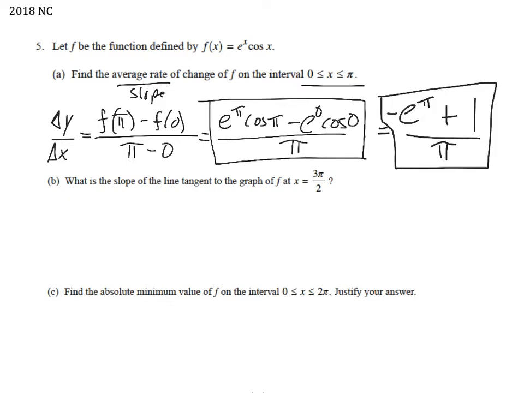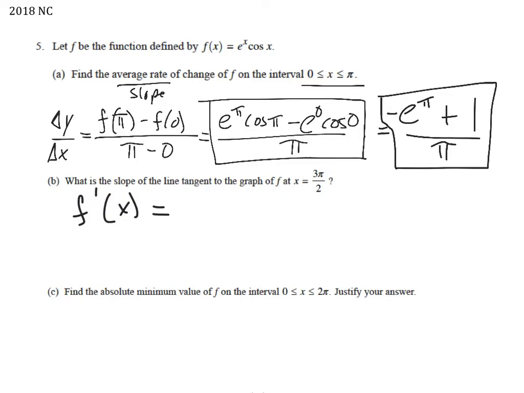So now, what is the slope of a line tangent to the graph at x equals 3 pi over 2? The slope of a tangent line is the derivative of f there. So we need f prime of x.